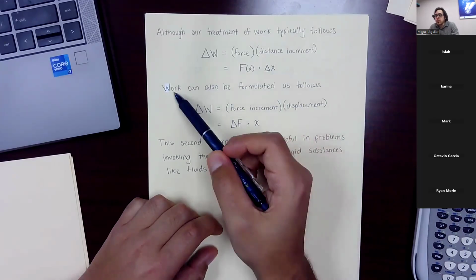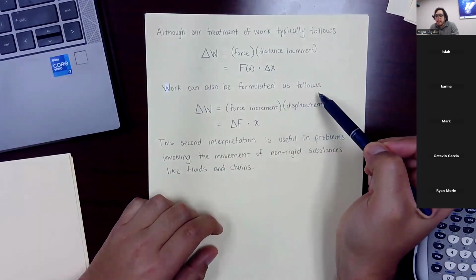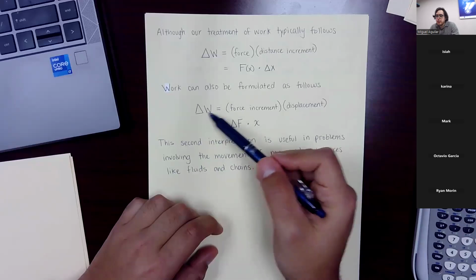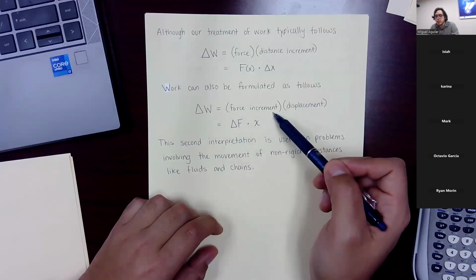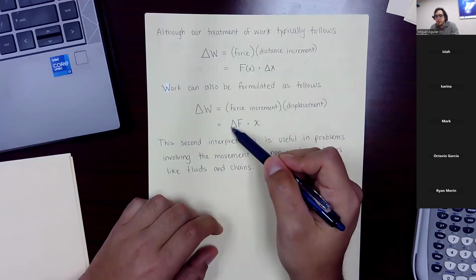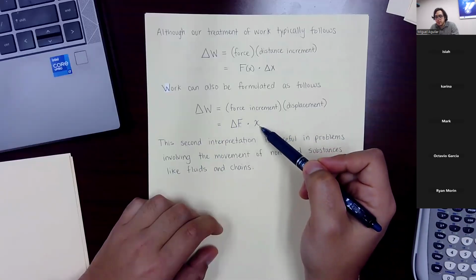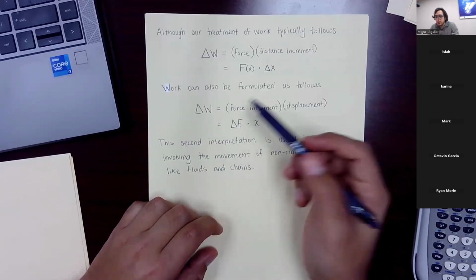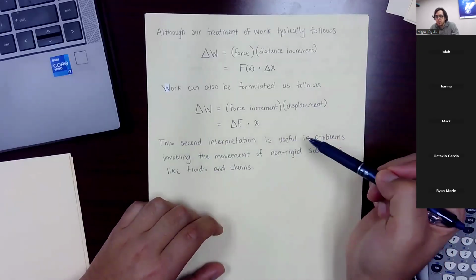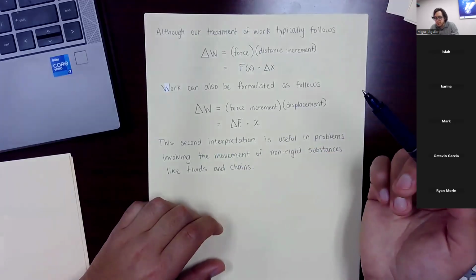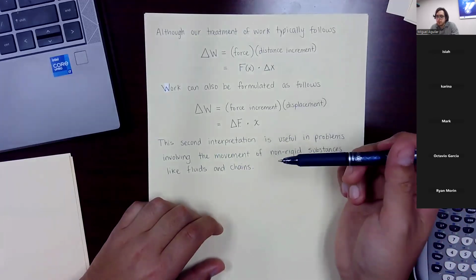But work can also be formulated as follows, where the change in the work is equal to some force increment, delta F, times some displacement. Okay. So these are both equivalent, and the second interpretation may be useful for certain other problems, and this next example that we're going to look at is one such problem.